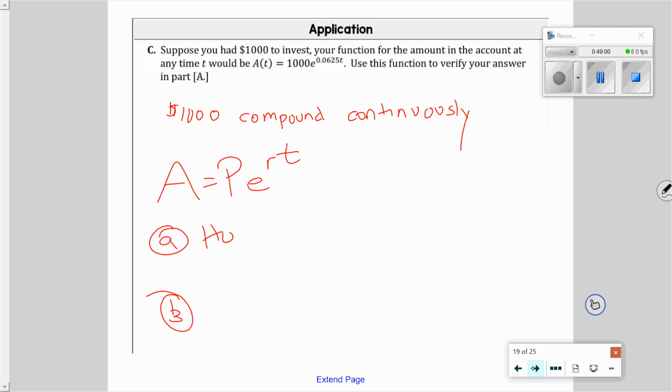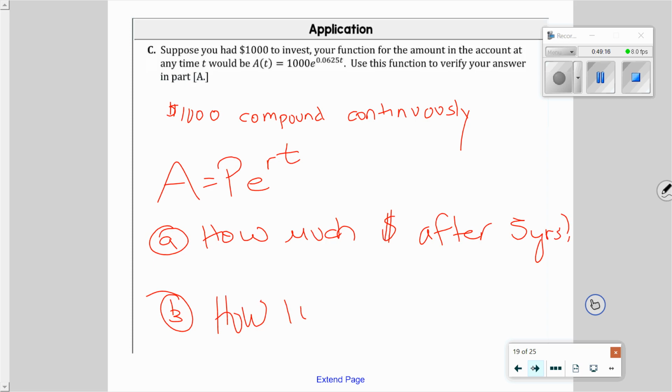So how much money after 5 years, and then how long to double? That kind of brings you into changing forms and solving, which is our next part.